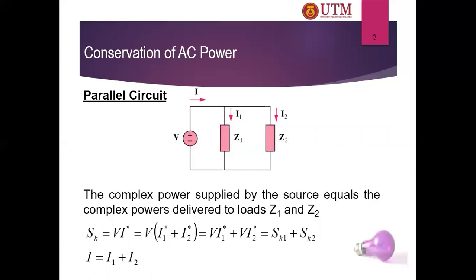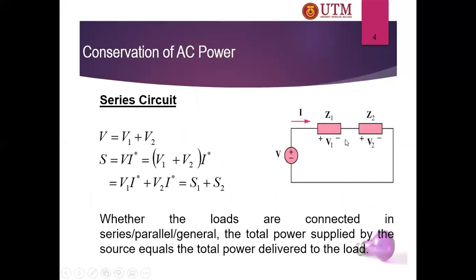Let's look at the series circuit. As shown here, we have a voltage source and two elements as the load, Z1 and Z2. Based on KVL, we know that the voltage source must equal the voltage drops, V1 plus V2.